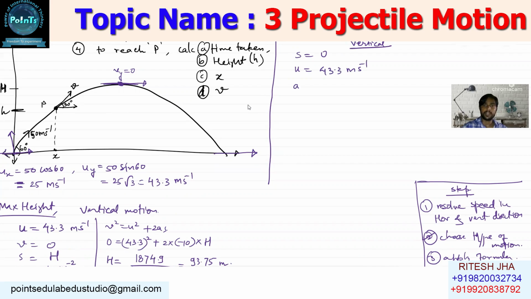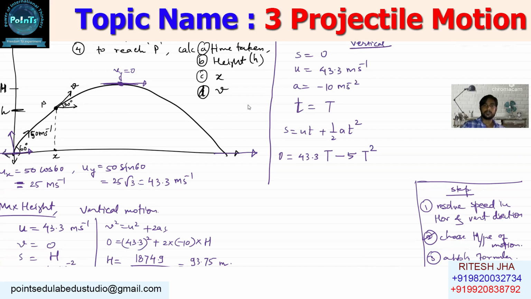Then we know the acceleration, that is negative 10 meter per second square. What do we want? We want t, which is taken as capital T. Which formula to be used? We could use displacement is equal to ut plus 1/2 at squared. Perfect. So this is 0. u is 43.3 capital T minus 5T square, because a is minus 10 and half into minus 10 is giving you minus 5.